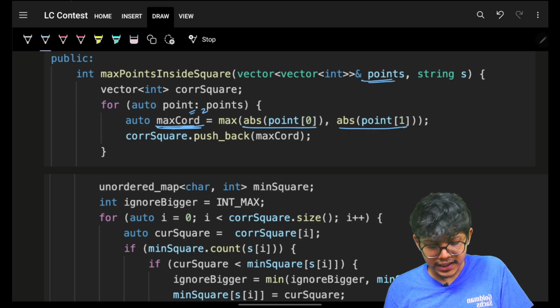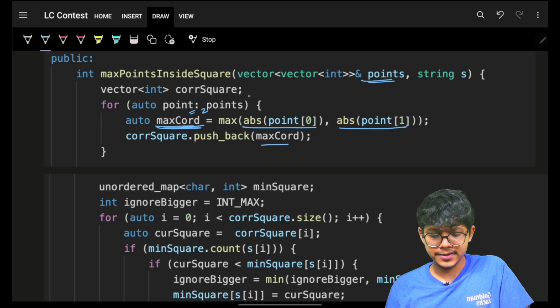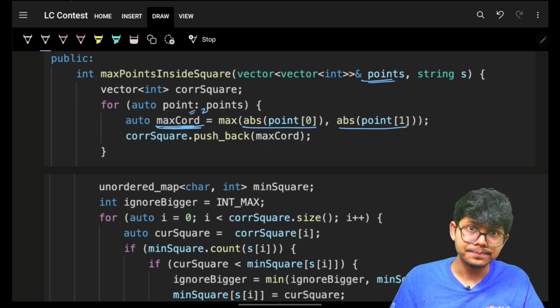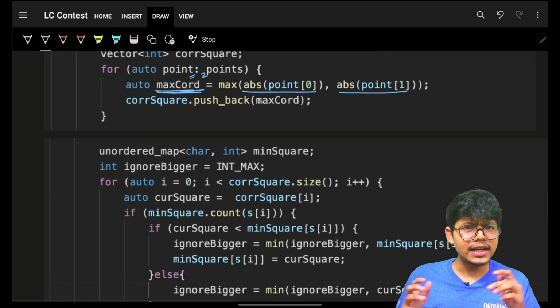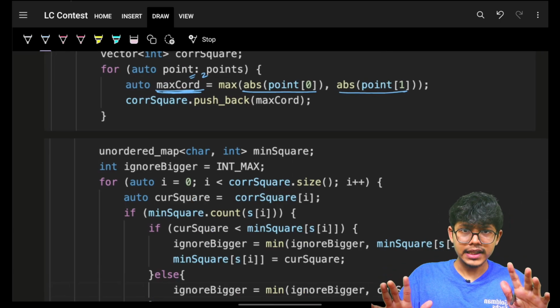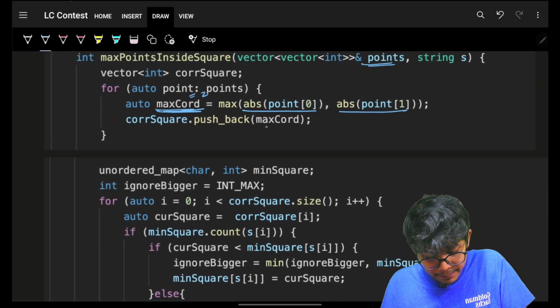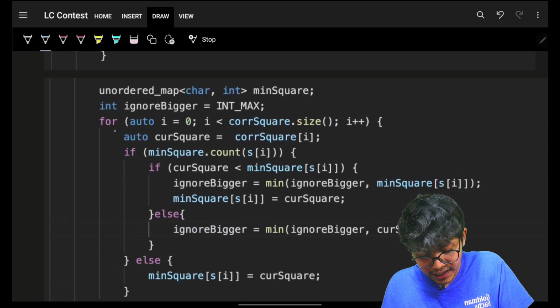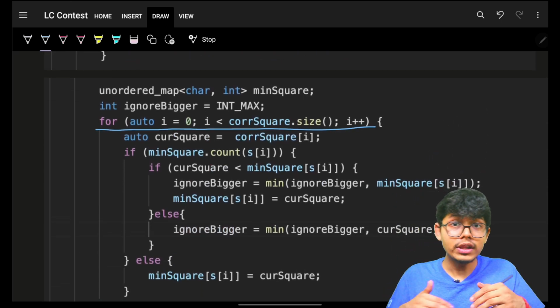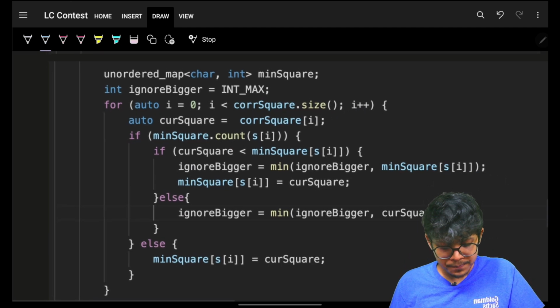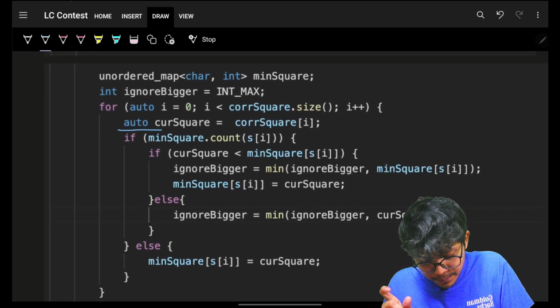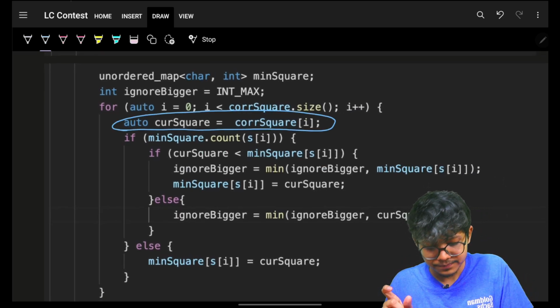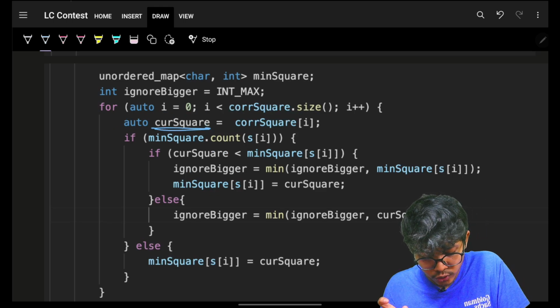Now you will see that I did not maintain the actual index because I might not need it. But Aryan, why will you not need it? Let's see it. Because I'm maintaining this maximum coordinate, so let's simply go on and try for all the points, all the maximum squares. As I go on to a specific coordinate, this will say this is a current square.